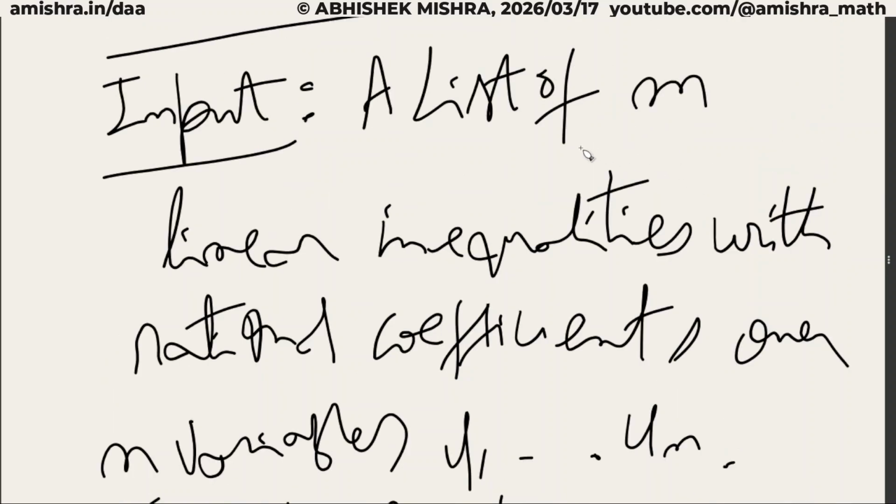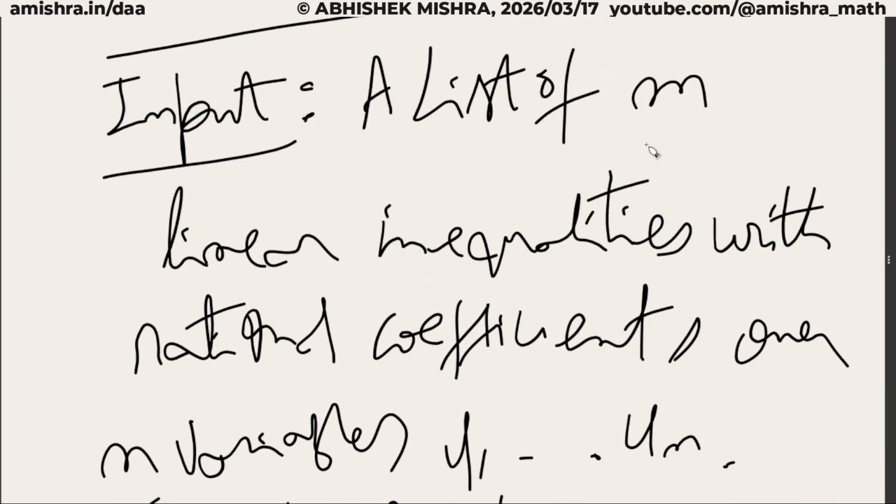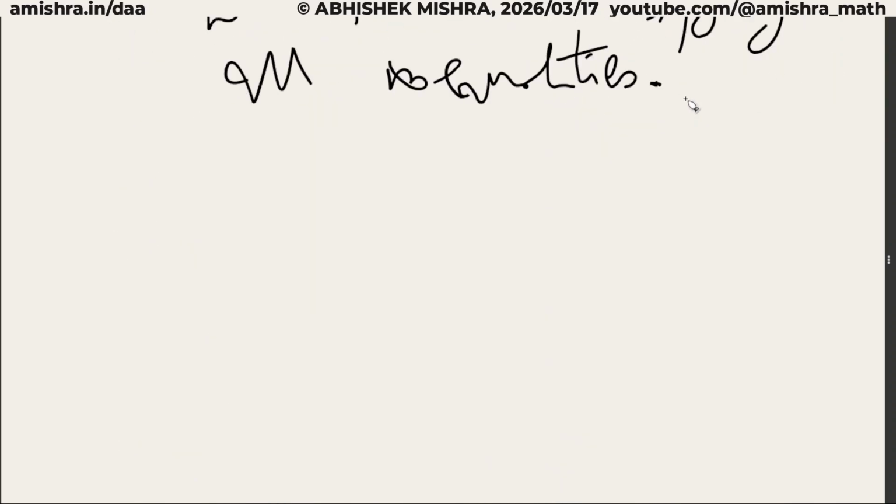So we have n variables U1 up to Un and m linear inequalities. We can list them as follows. We have n coefficients.